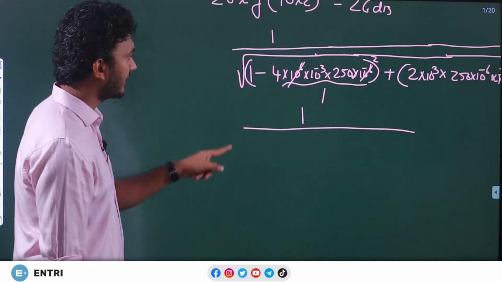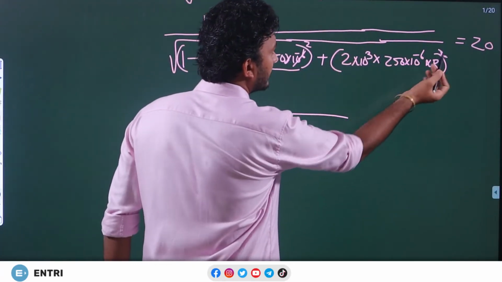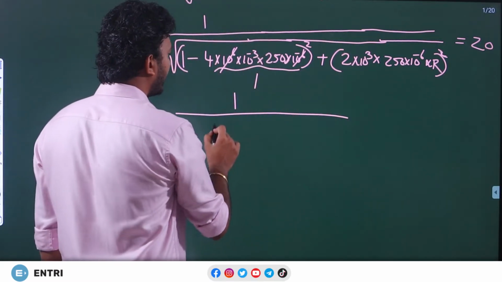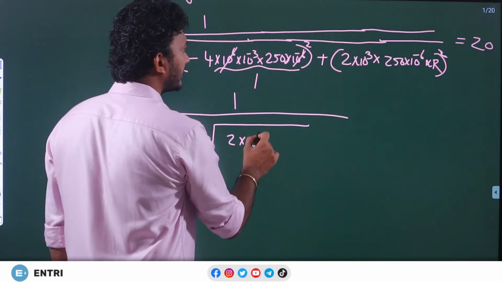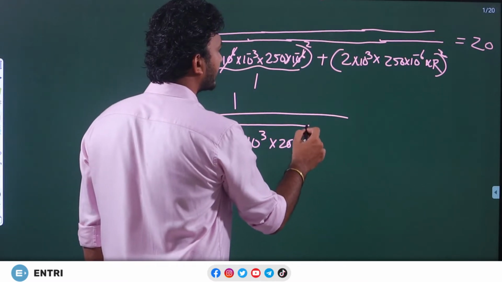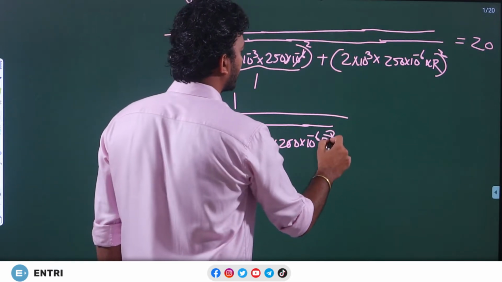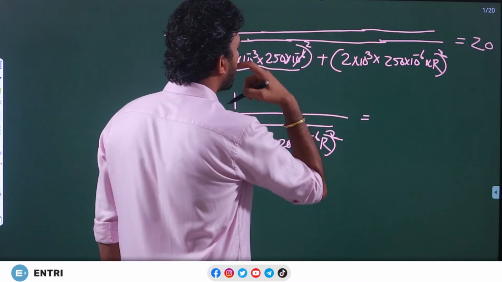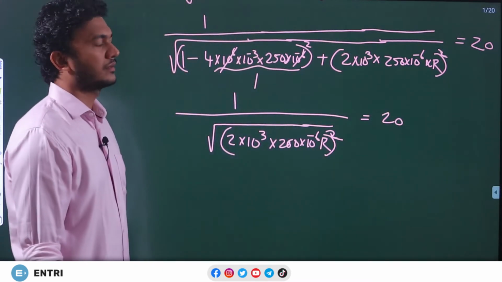And here what I will write, this is the square root of this value, the whole square, so we are left with only 2 into 10 raised to 3 into 250 into 10 raised to minus 6 R square, that is equal to 20, right.